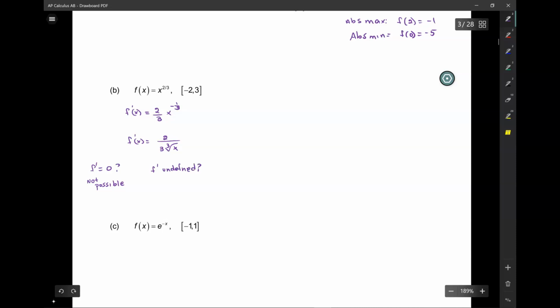It's when the denominator of f prime equals 0, so that's at x equals 0. So that is now my critical point. Next, I have to evaluate f of 0, f of negative 2, f of 3.